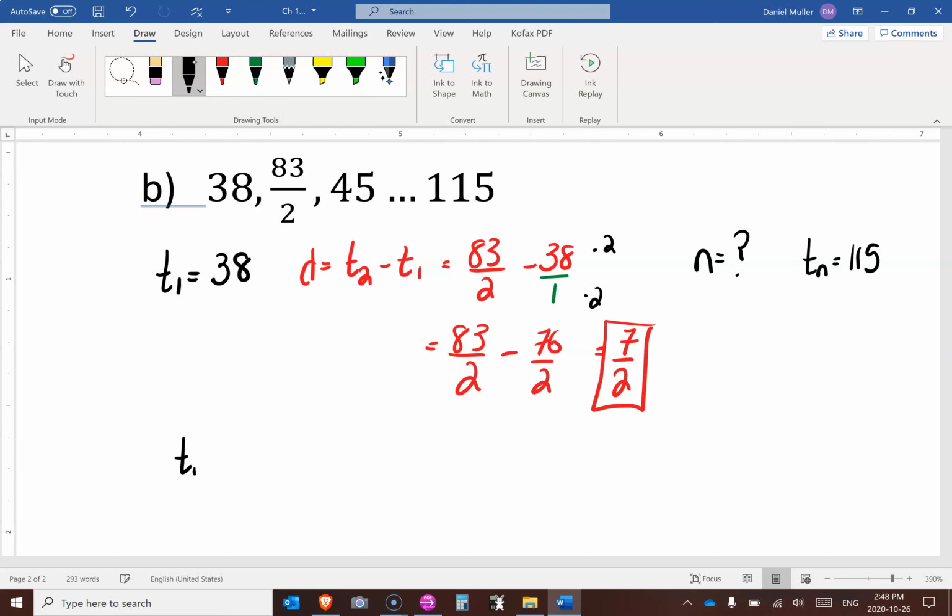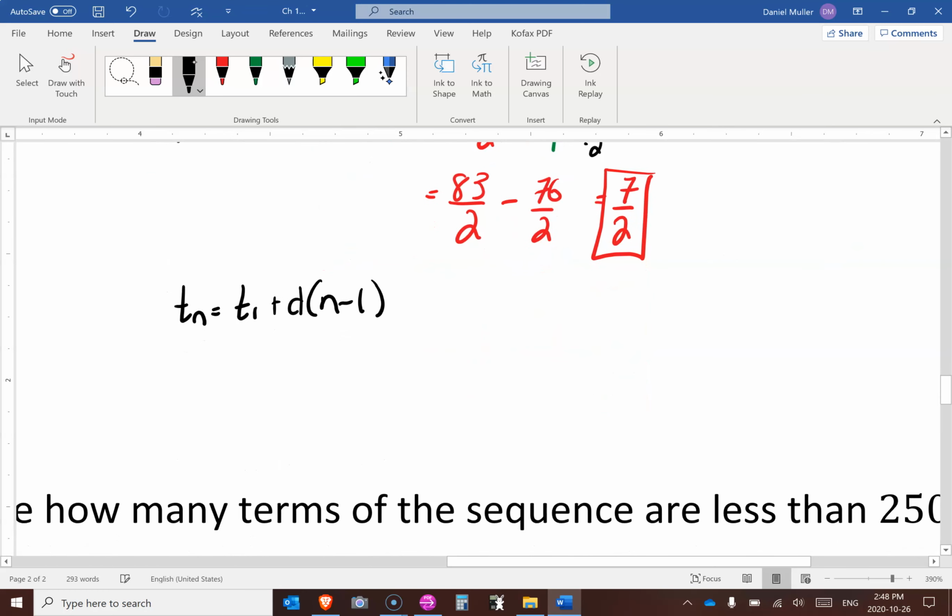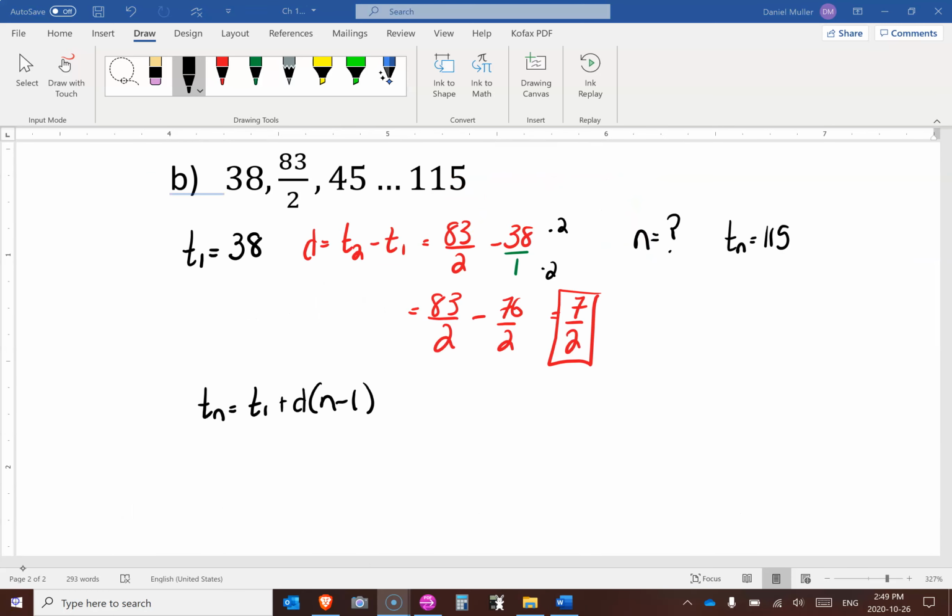So let's write down our formula. Tn is equal to T1 plus d bracket n minus 1, and I can fill in this information. So the Tn, the last spot, we know it's 115. The first term there is 38, and then we have our d here. Our d is plus 7 over 2.